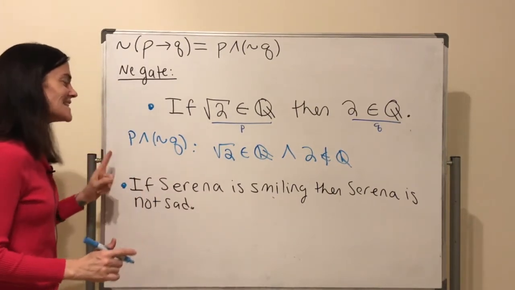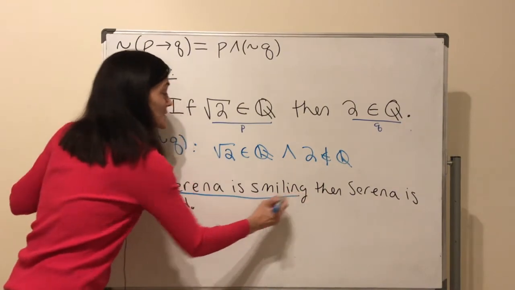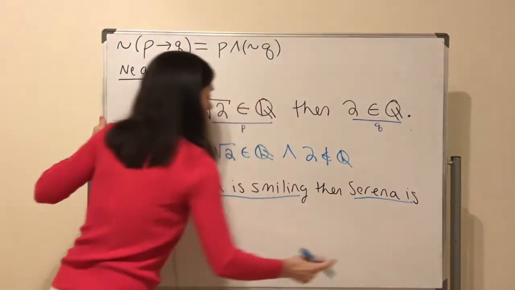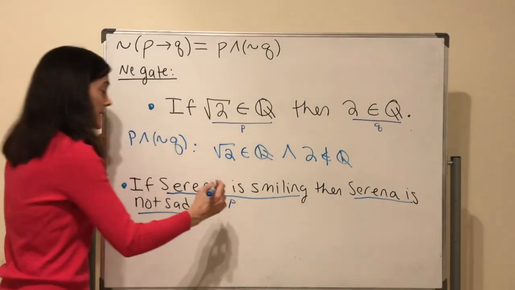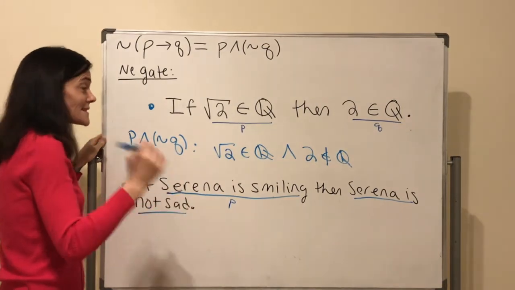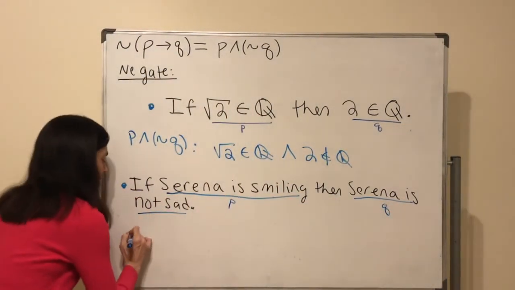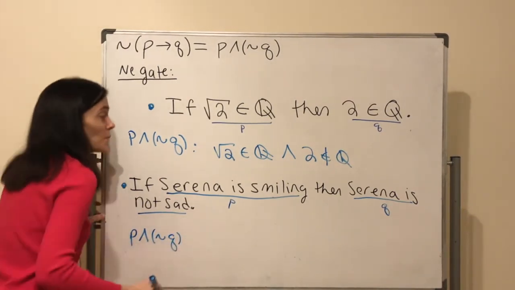Okay, now this one, as I mentioned, isn't a math statement, but it is a statement and it is also an implication, and we can certainly negate. So if we look at this, Serena is smiling is our statement P. Serena is not sad is our statement Q. And again, to negate, we want P and not Q. And what does this say?